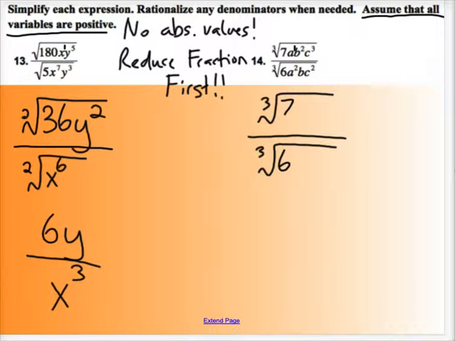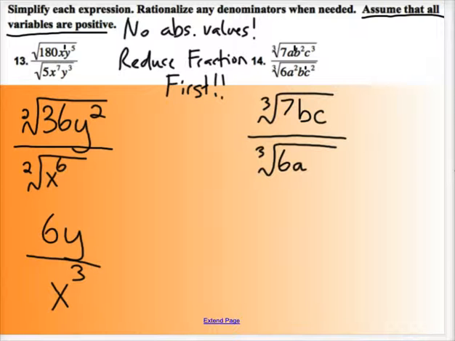What that negative 1 means is that I'm going to have an a to the first on the bottom. B squared divided by b to the first. 2 minus 1 leaves me just 1, so I have a b upstairs. C cubed divided by c squared. 3 minus 2 is 1, so I have a c to the first on top.